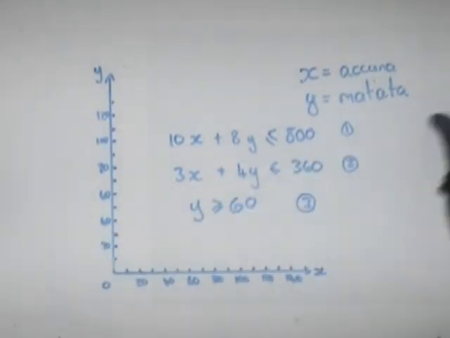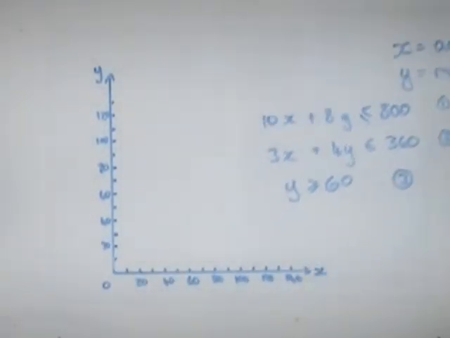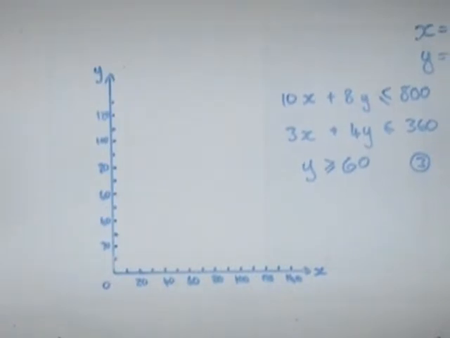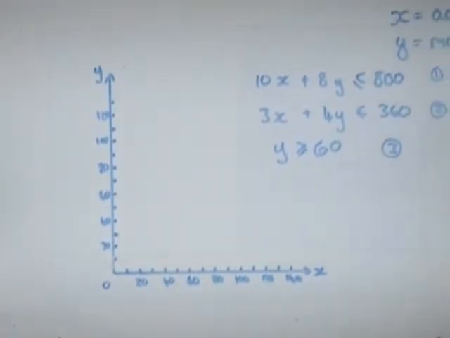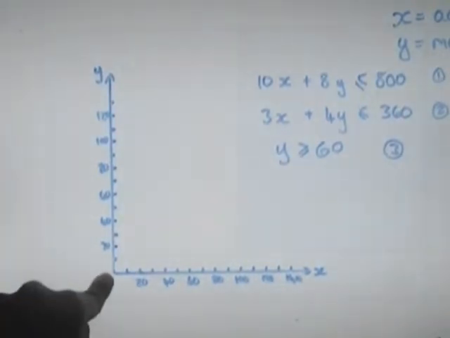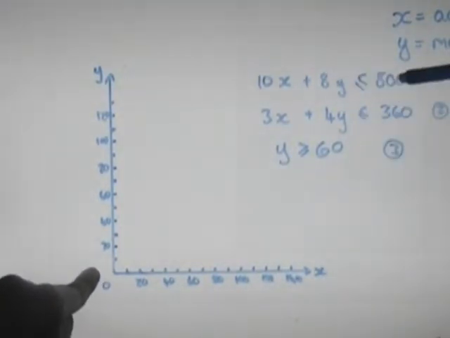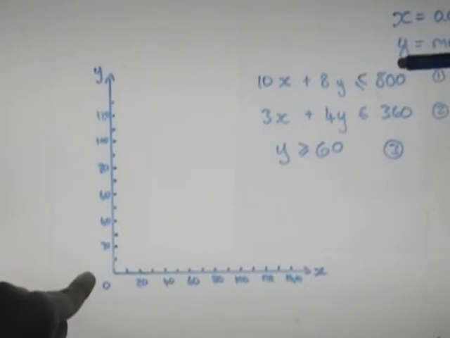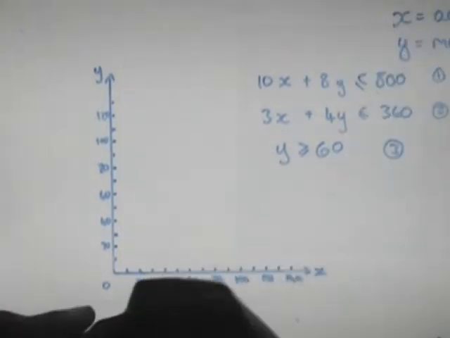Moving from this onto our graph, the first bit of information, 10x plus 8y is less than or equal to 800. If x is equal to 0, it means that 8y is equal to 800, which means that y is equal to 800 over 8, which is 100.